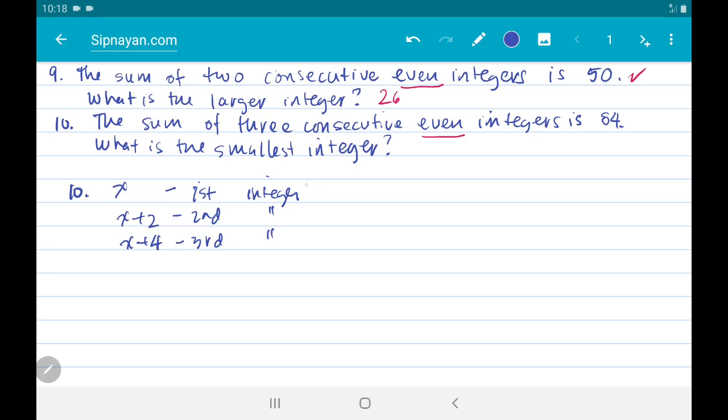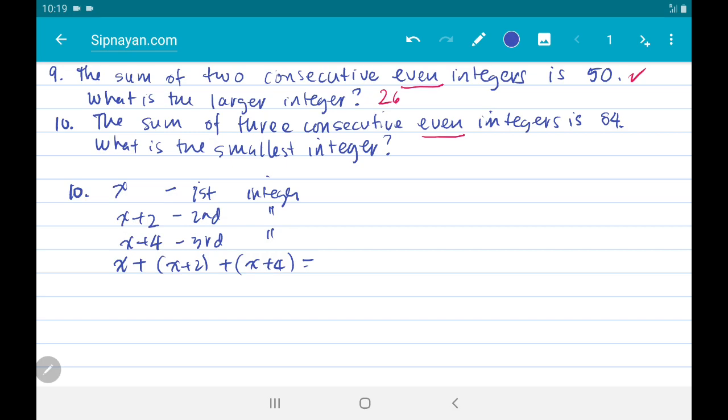Of course, we know that the first is the smallest. Okay, so paano natin yan? Add pa rin kasi we're talking about the sum, no? Sum of the 3. So meaning, we add x plus x plus 2 plus x plus 4.